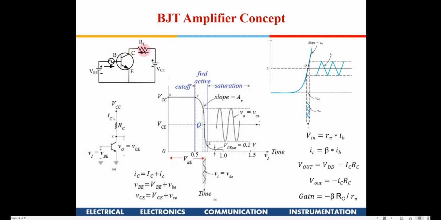Now that IC, when it moves across the RL, it will create a large potential change across RC. Okay, so that's how the voltage gets amplified. We will discuss this again. I am just introducing you a little bit about it, so as to understand there is a requirement of biasing this transistor to 0.7 volt.